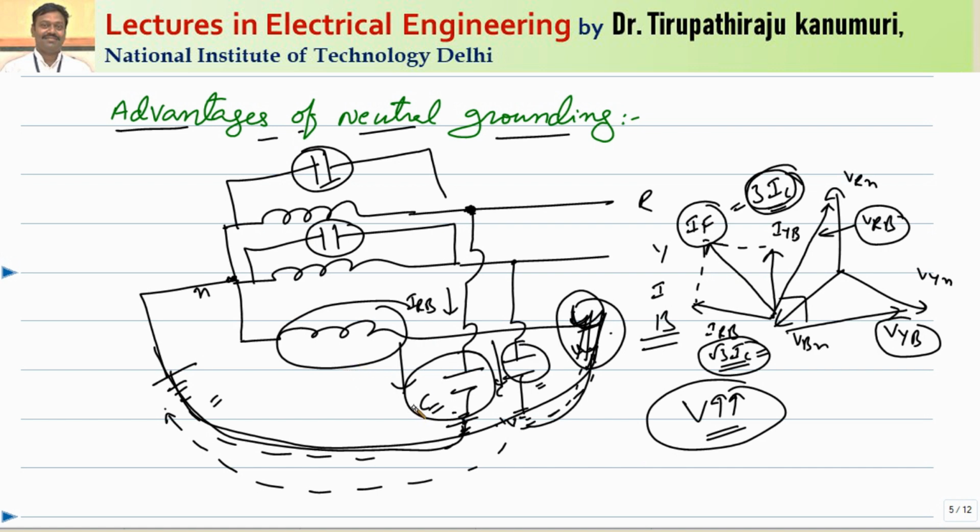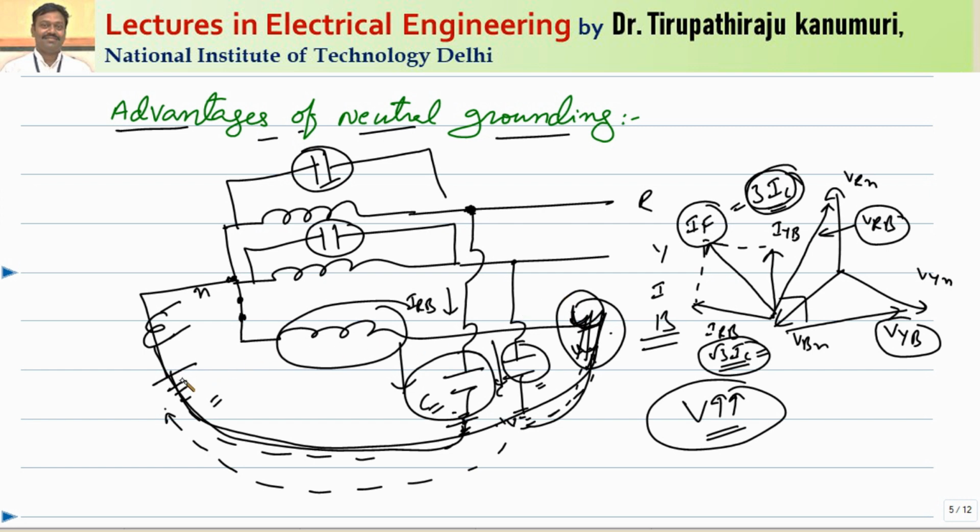As the current will be a very high value, that can be easily detected by the relays that are connected in the ground connection, and they can be easily isolated, or even the fuses that are connected in the respective phase, because the current is a very high value, it is nearly equal to the fault current. So this fuse will easily detect it and it will isolate that particular phase. So healthy phases are not affected. That is the first advantage. And whichever phase the fault comes, that is going to be disconnected.